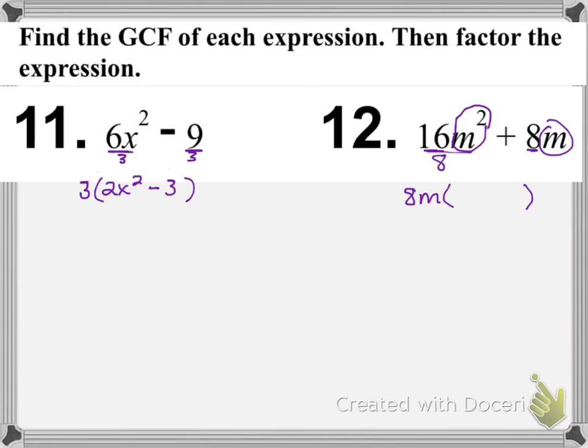So I divide by 8m. And so I have 2m plus 1. And if you go backwards, because whenever you use GCF, it's basically undistributing. So if you go back to distributing and check your work, then you'll definitely know whether you're on the right track and if you've factored it correctly.